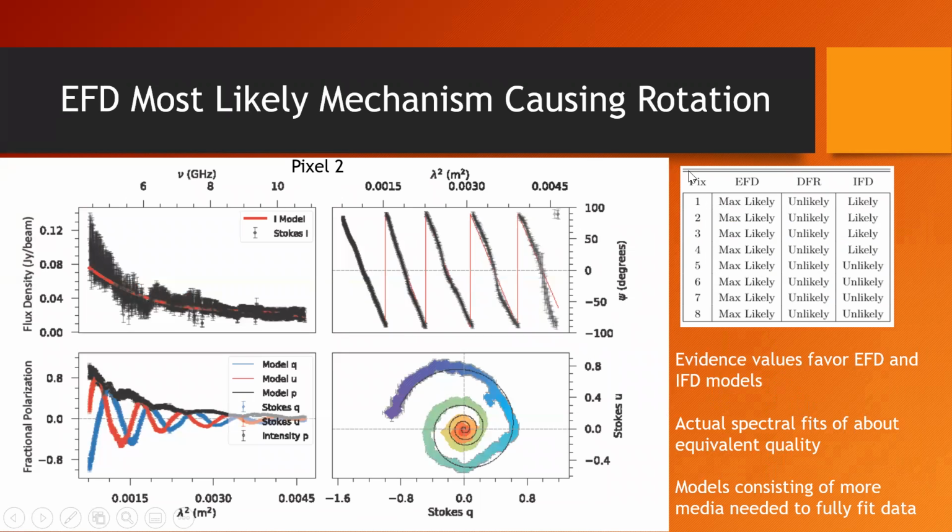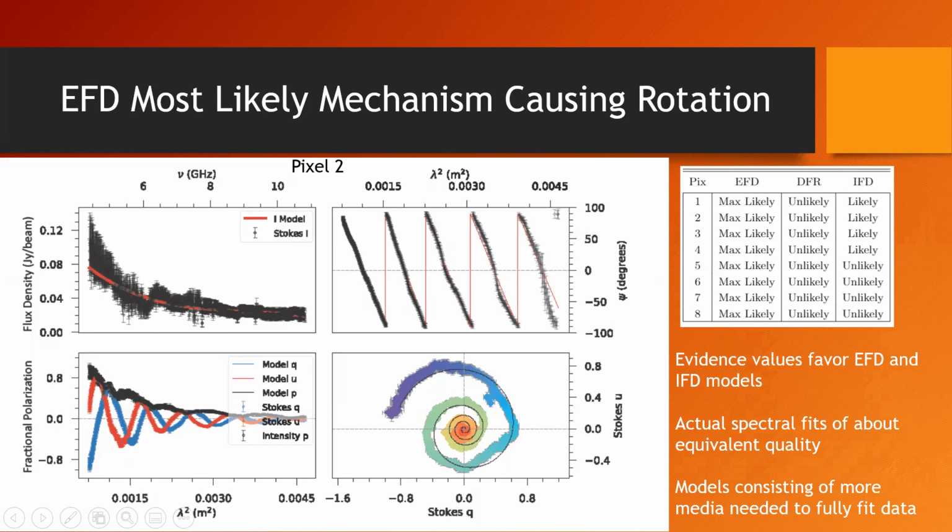So this was true regardless of whether the pixel was in a parallel or rotated magnetic field region. However, we did see a systematic difference if we looked at the IFD model, where the parallel magnetic field regions systematically evaluated the IFD models as more likely than in the rotated magnetic field regions.